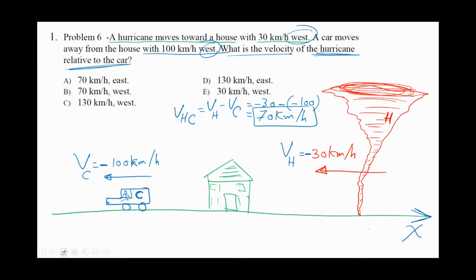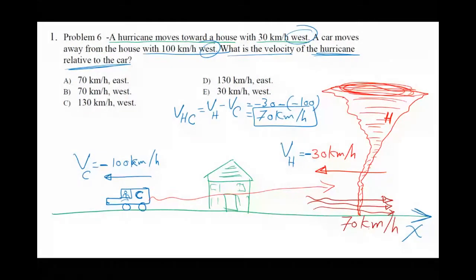So when this guy looks at the hurricane, he will feel like the hurricane is moving to the right at 20 kilometers per hour.